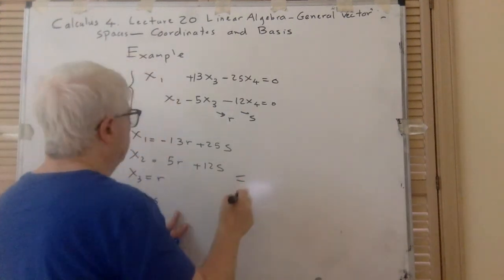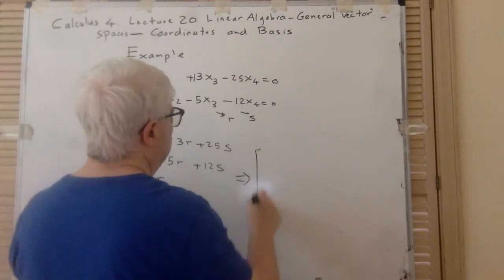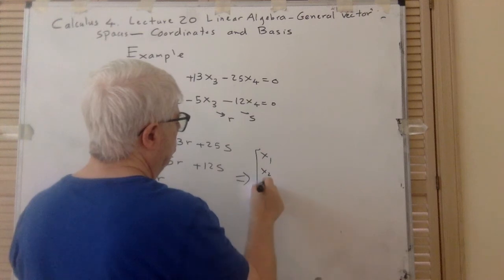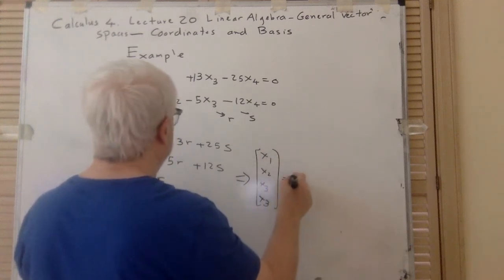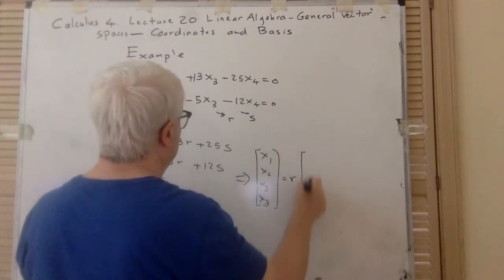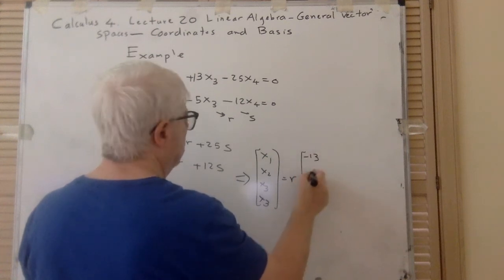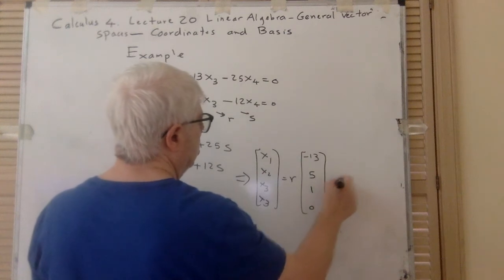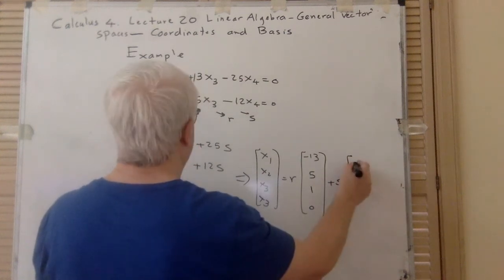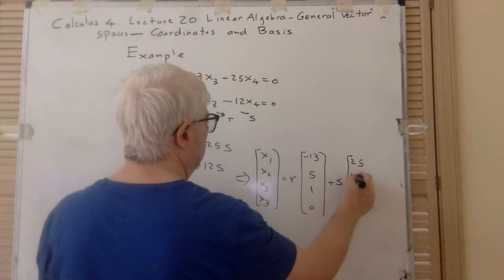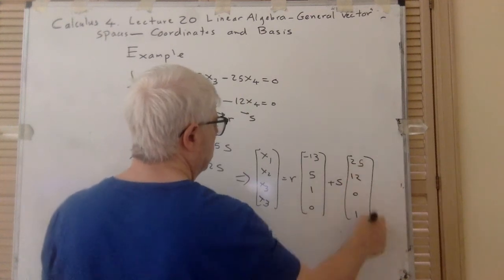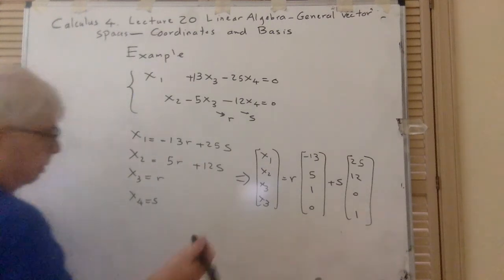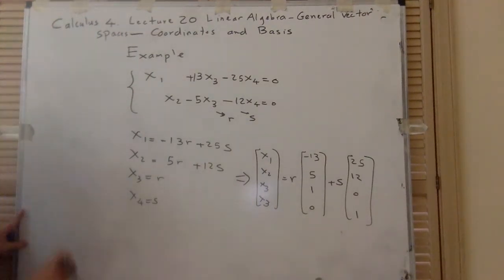So this is in fact written in this format, and you should get used to writing them like this: r times (minus 13, 5, 1, 0) plus s times (25, 12, 0, 1). Okay, so the solution space, now I can say space because I know this is a space.